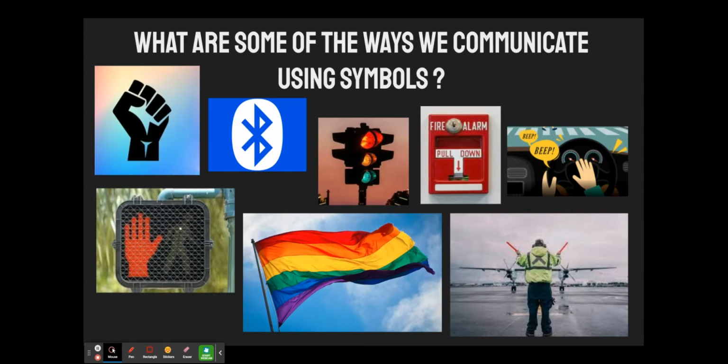I'm sure you can think of countless others. Make sure to jot some of those symbols down in your notebook. You might actually use them for inspiration when you're designing your own code in a couple of lessons.